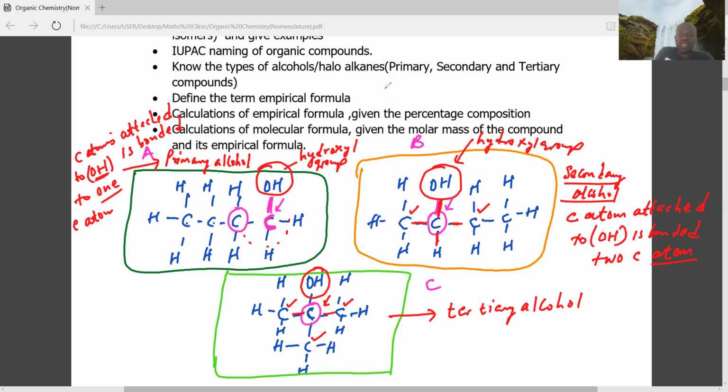The same applies with the haloalkane, but in this case we're not going to talk about the hydroxyl, we're going to talk about the halogen.